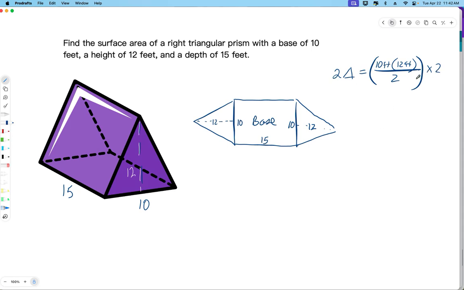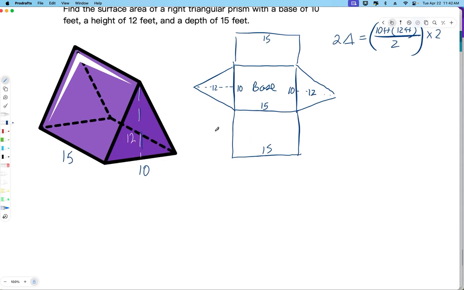So in order to do the triangles, we've got that calculation. All right, let me go back to my net. We've got a side here, right? So we've got a side here, and we know that it has a width of 15. And we know that this has a width of 15. What we don't know is the surface or the length here, and that's what we've got to find out.